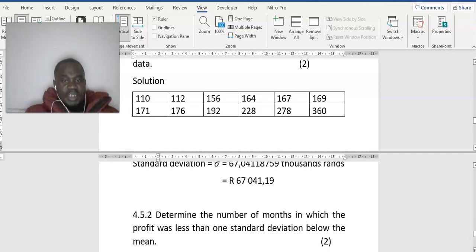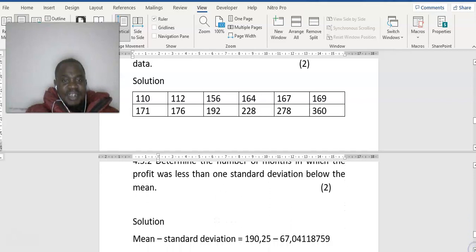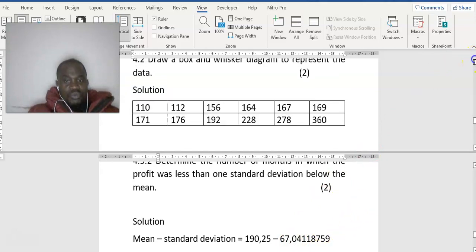Then the next question says, determine the number of months in which the profit was less than 1 standard deviation. The profit was less than. You see the first question, it was more than, this time it's less than. So if it is less than, it's going to be mean minus the standard deviation. And our mean, we calculated in the first question to be 190,25, and our standard deviation, we also calculated to be 67,04.